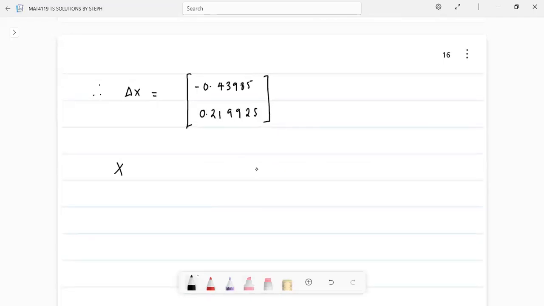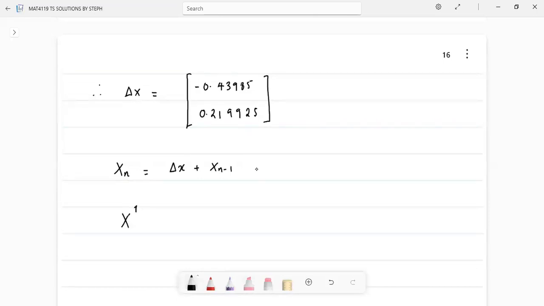And we said that the next approximation is given by delta X plus the present approximation, which is X of n minus 1. So we just have to substitute to find the first approximation. In this case, we're going to use this notation, X of 1.